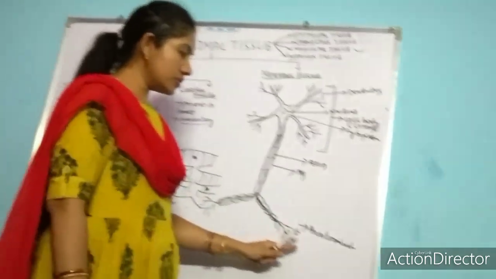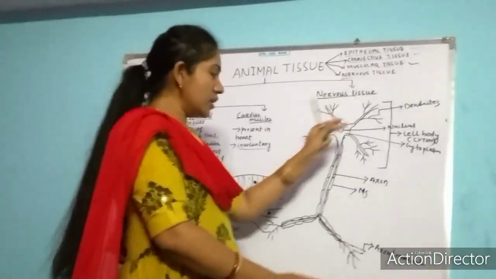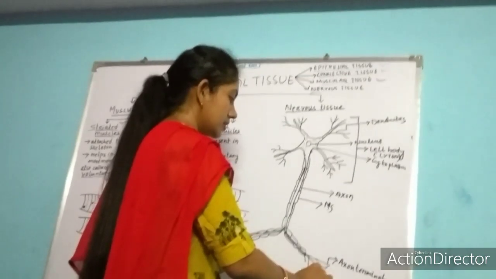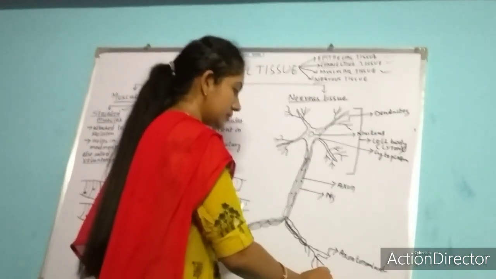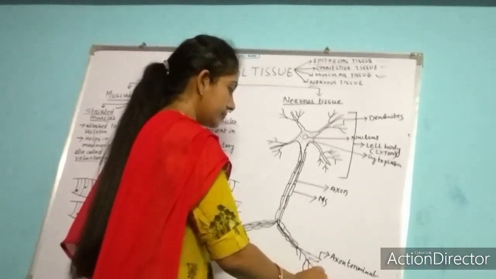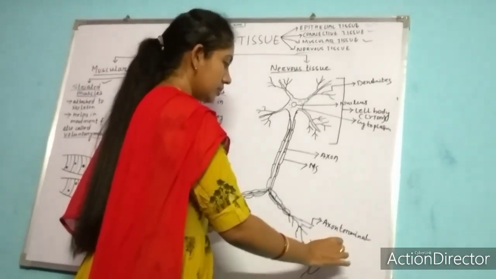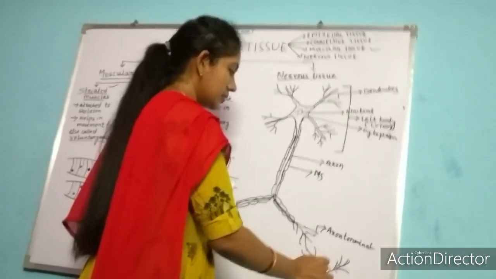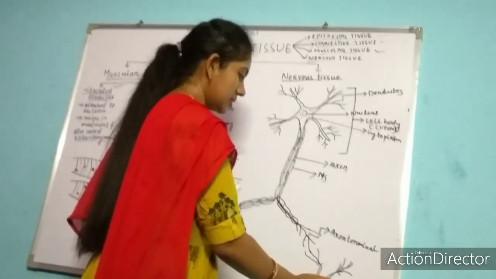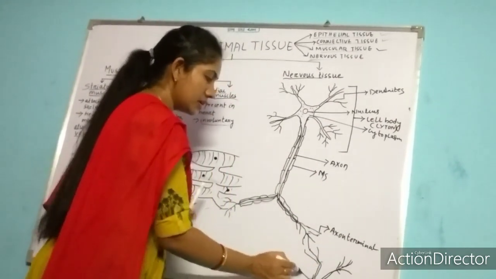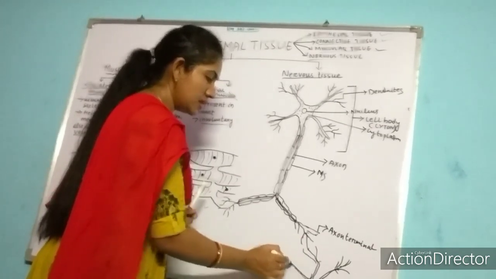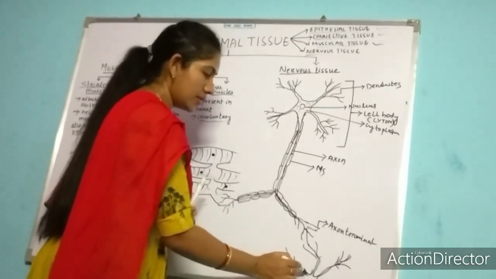So at the end of the axon, one more cyton will be there, which will be connected to the axon terminal, like this. The same cyton as we have done above.